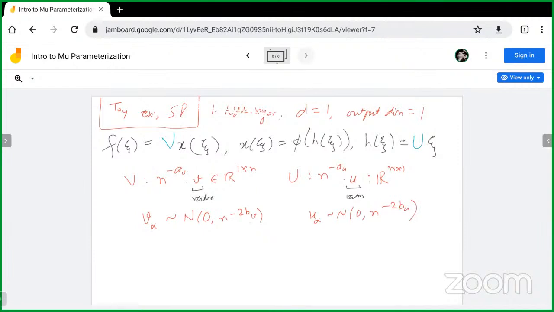So that's what it looks like, and the learning rate is theta times. Great. So that's the setup.